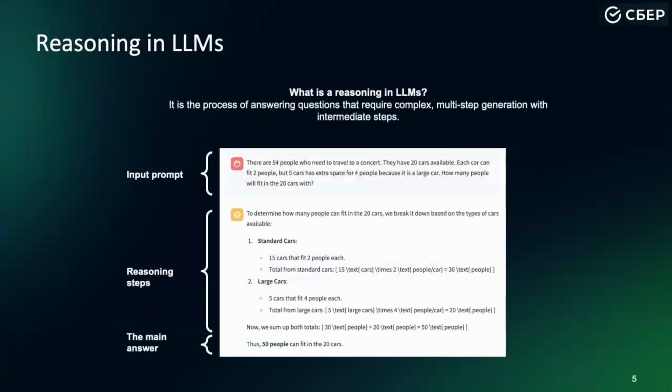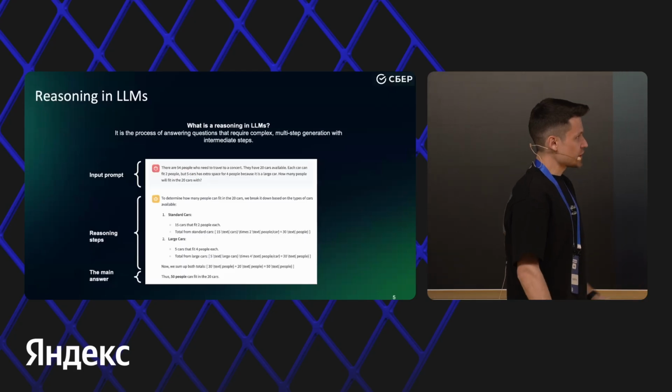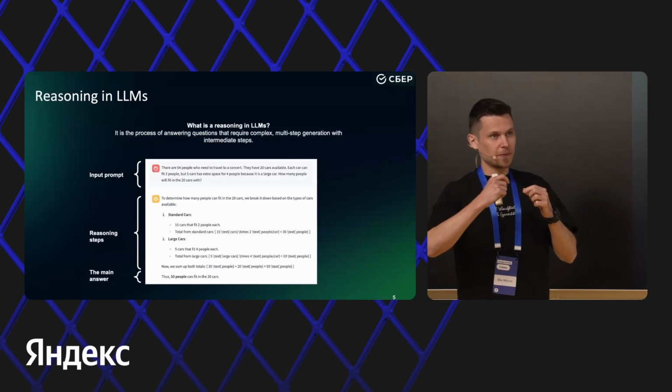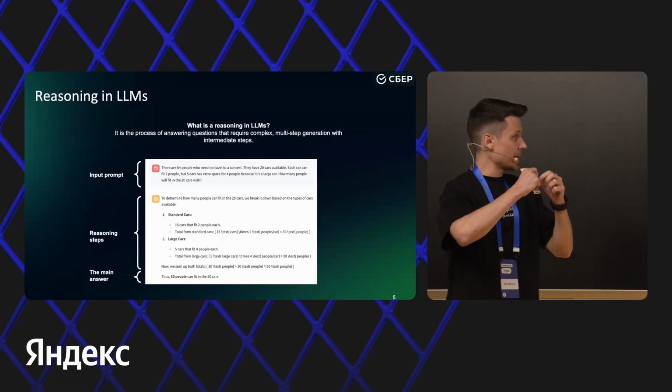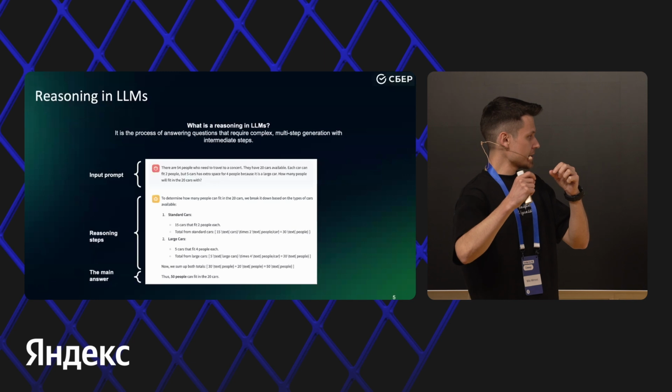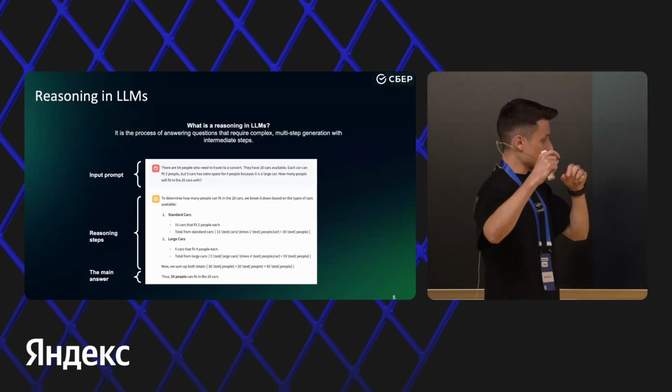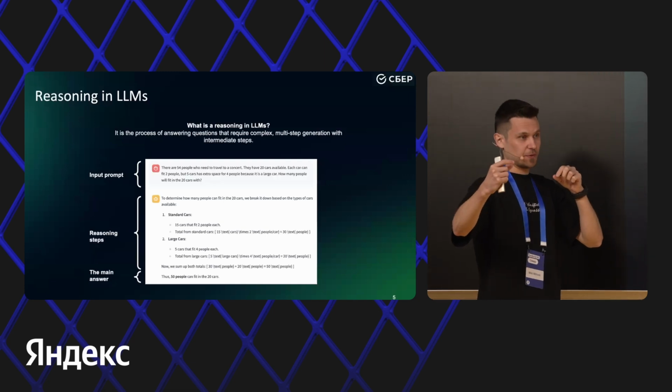And what is reasoning in LLMs? It is a process of answering questions that require complex multi-step generation with intermediate steps. For example, if you have some complex task, it is much better for the LLM to answer this task by generating more tokens, which are called reasoning steps, and in the end to provide the final answer.